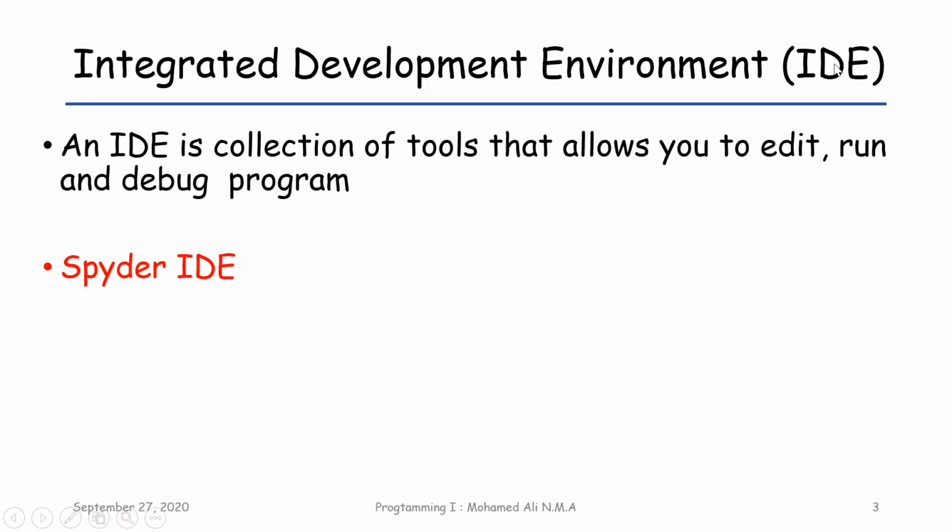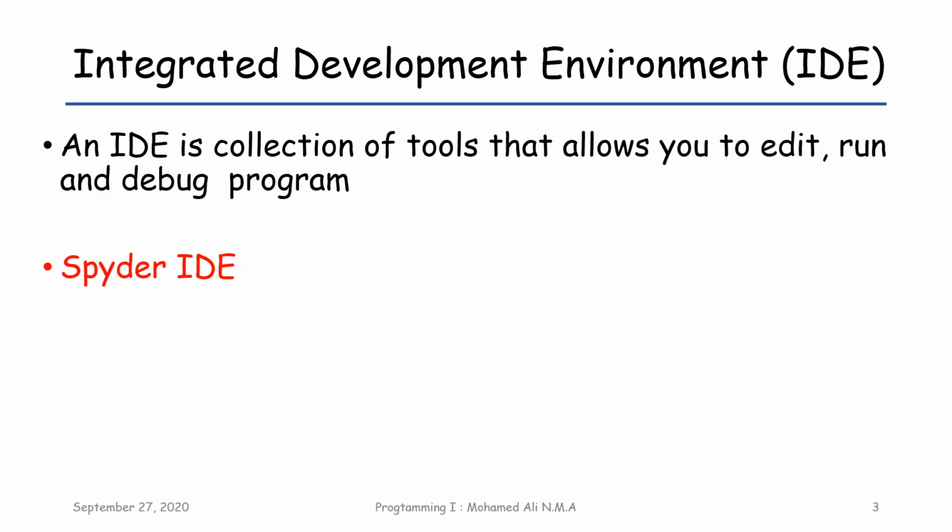Every language has different types of IDEs available in the market. For Python, one of the IDEs available in the Anaconda package is called Spyder IDE. When you install Anaconda in your computer, you automatically get Spyder IDE.